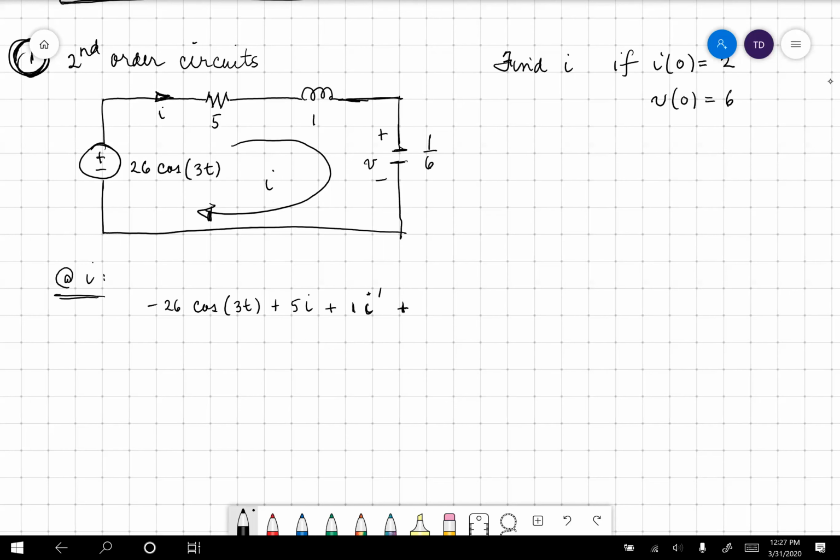For a capacitor, V equals 1 over C, the integral from minus infinity to time t of I d tau, which we could also write the following way: equals 1 over C, the integral from 0 to t of I d tau plus V at 0.